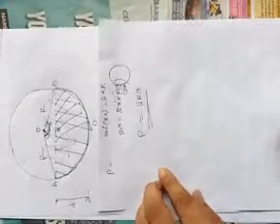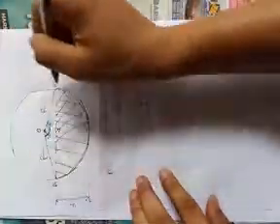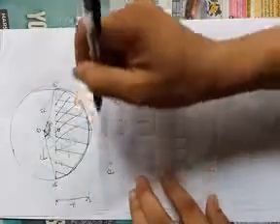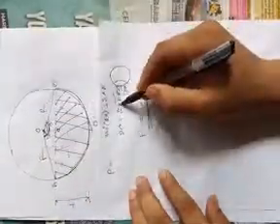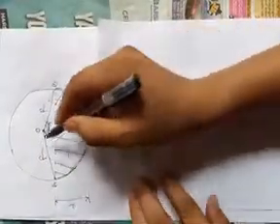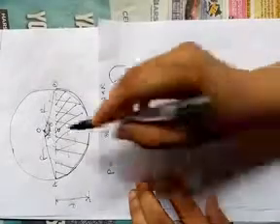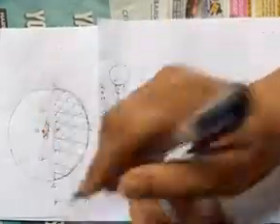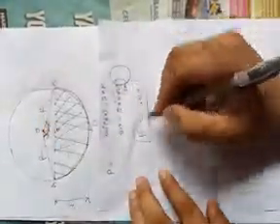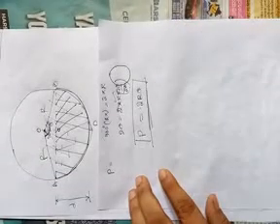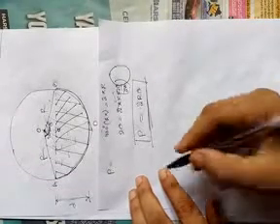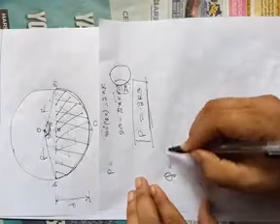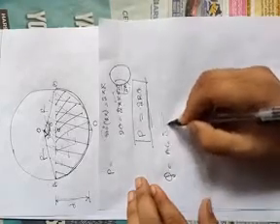You got my concept? So the wetted perimeter P is equal to 2 r theta. Now substitute in the equation Q is equal to AC root over mi.